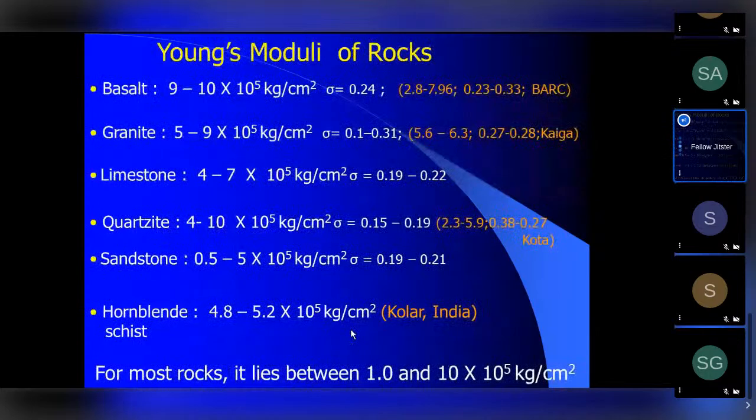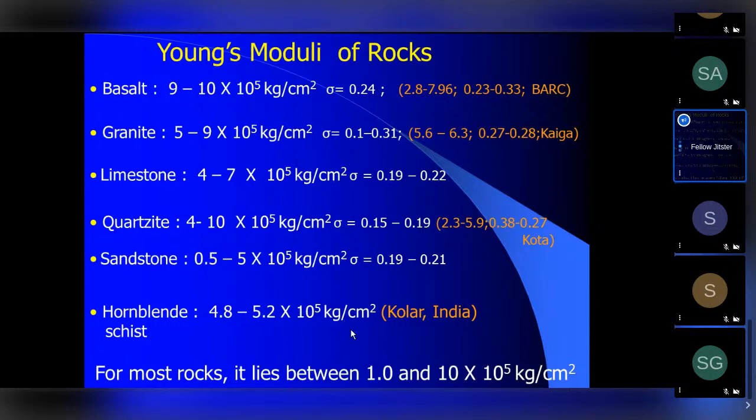So what are the typical Young's modulus values of the rock? You can see basalt. It has a value of 2.8 to 7.96 or whatever it is. Avoid the thing that is written in the red, because these are values that I got from all the areas that I surveyed, and I made a summary of it. But you can see the range. The range is 9 to 10 into 10 to the power 5 kg per centimeter square. So basalt or granite are very, very high.